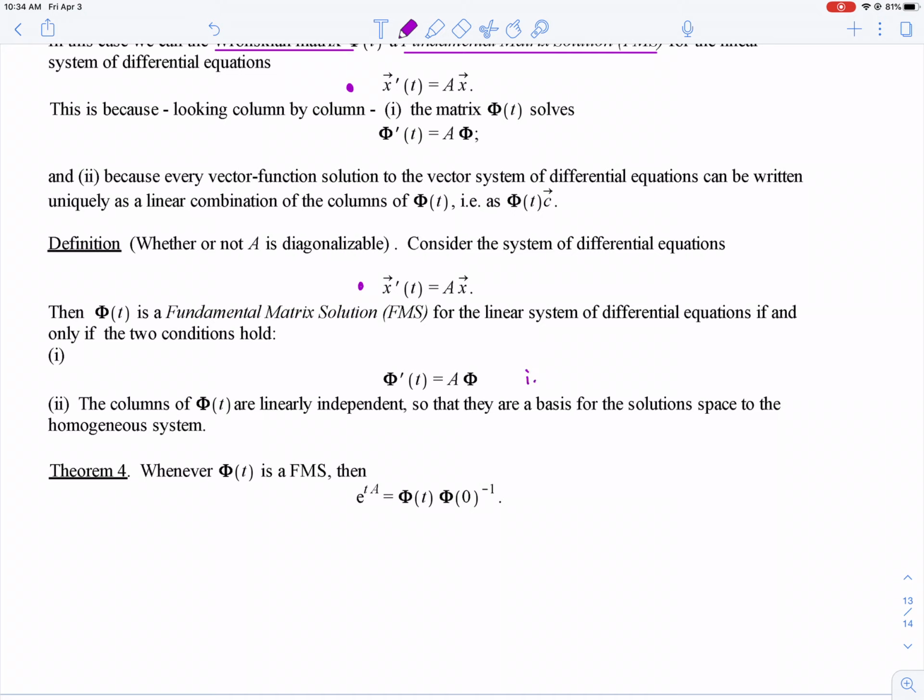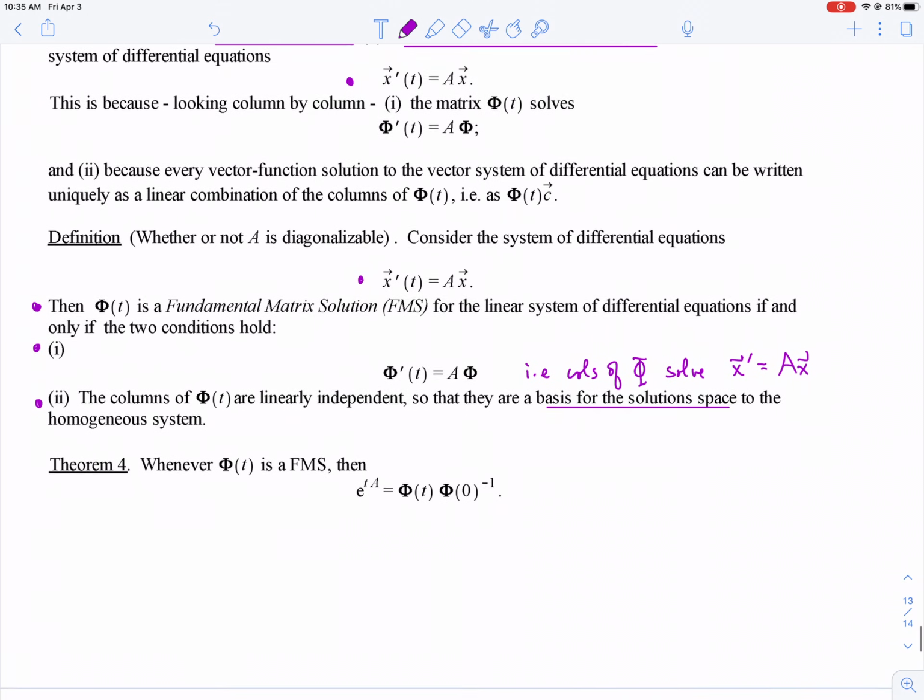That means, looking column by column, that the columns of Phi solve x prime equals Ax. And furthermore, the columns have to be a basis for the solution space. So that's the general notion of a fundamental matrix solution, which would apply even if A wasn't diagonalizable. I'm thinking I'll do an example of a non-diagonalizable matrix in a separate video.